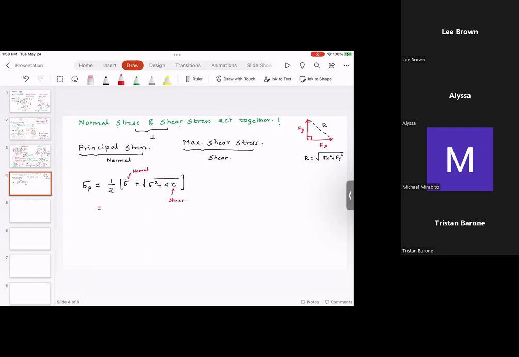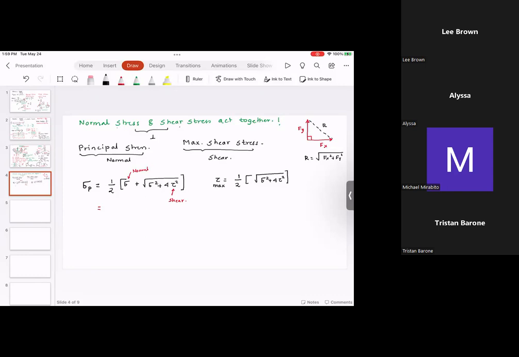If you substitute shear stress equal to 0, you get sigma P equal to sigma. Same thing for tau: tau max is equal to 1/2 times the square root of sigma squared plus 4 tau squared. If you substitute sigma equal to 0, the shear stress max is equal to tau.